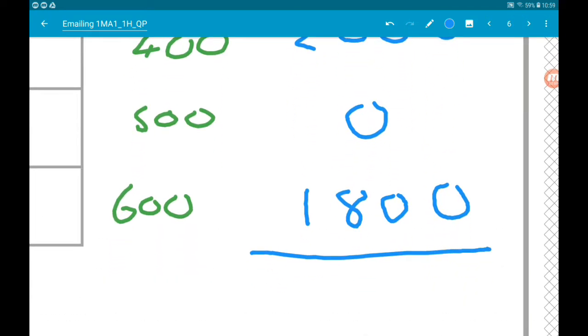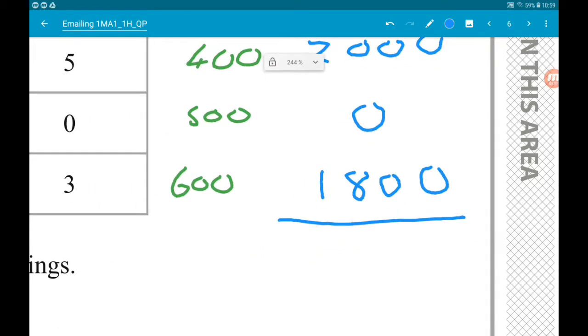Add 1,000 would be 6,500. Add 800 is 7,300. So that is our estimate for the total earnings of everyone who works in this shop. So that's £7,300.